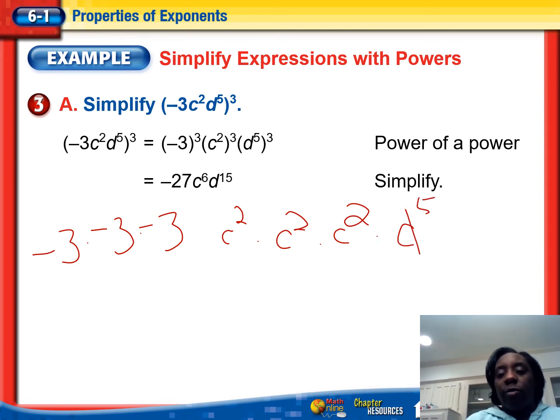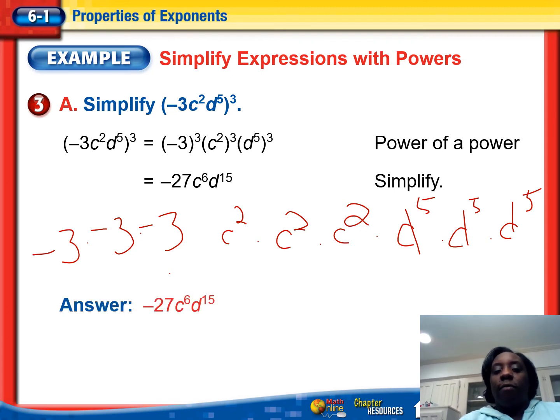D to the 5th times D to the 5th times D to the 5th. And so that's negative 27. C2, C2, C2, C to the 6 all together. And D5, D5, D5, D to the 15. Okay? So we have negative 27, C to the 6, and D to the 15.